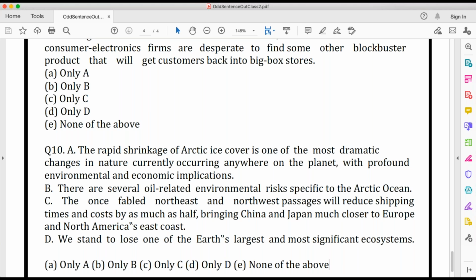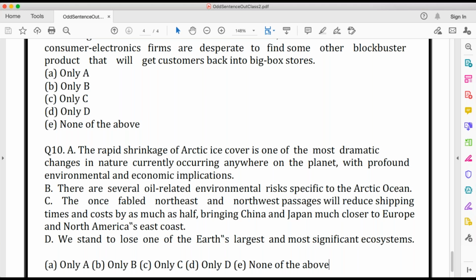If we talk about SNAP and MAT, you will probably get 1 question. But these are easy pickings. You should ensure that you are not skipping the odd sentence out in the exam. This is always a relatively easier picking, and it will not be as tricky as para jumbles, so you can get some easier marks over here.